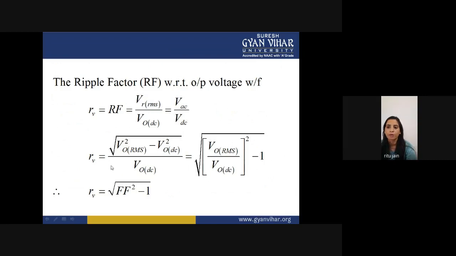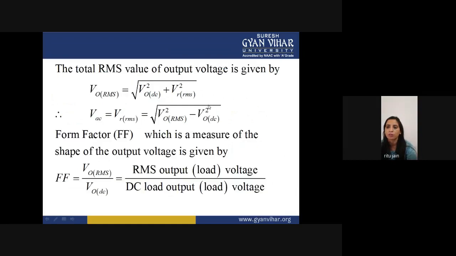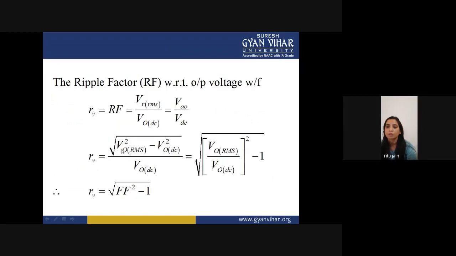So you can get the value of V AC from this equation and put it in this formula. So you will get root of V naught square RMS minus V naught square DC upon V naught DC. You can simplify this equation, and you will get the ripple factor, which is equal to root of V naught RMS upon V DC squared, that is your AC component upon DC component, minus 1.